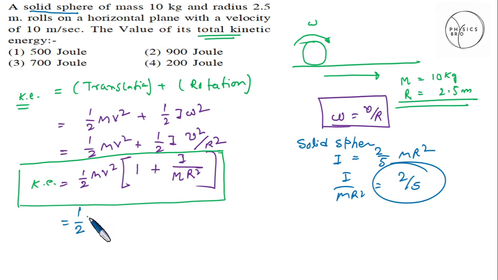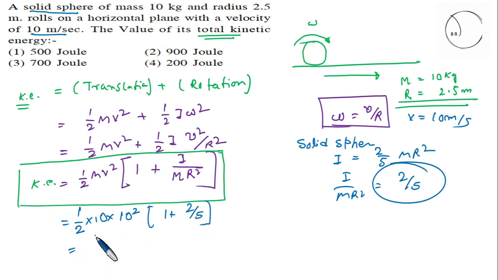Half m is given, into 10, into v square. V is given also. What is the v? 10 meter per second. Okay, I did not write it. So it is 10 square and 1 plus 2 by 5. This is a very easy calculation.